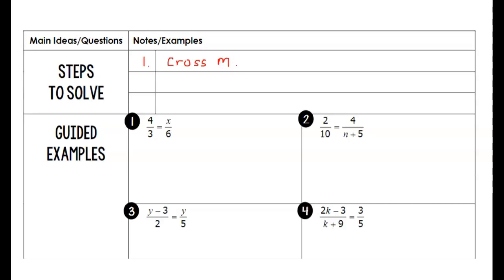When we multiply fractions, we multiply straight across, right? Top times the top, bottom times the bottom. That's when we're multiplying fractions. But when we are solving proportions, meaning two of my fractions are set equal to each other, what I'm going to do is cross multiply, okay?